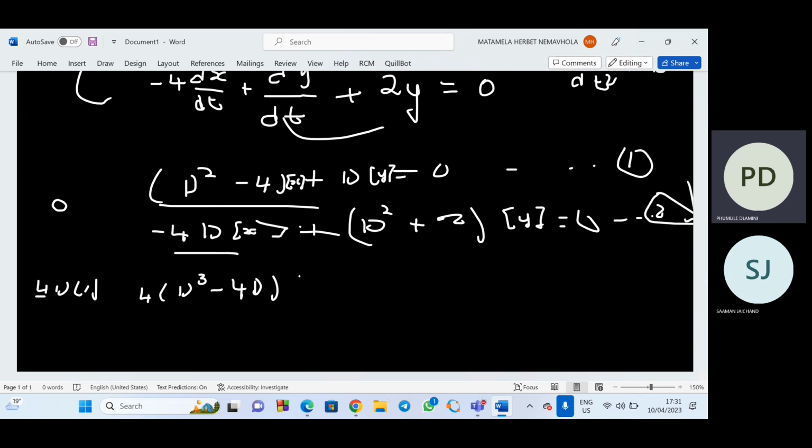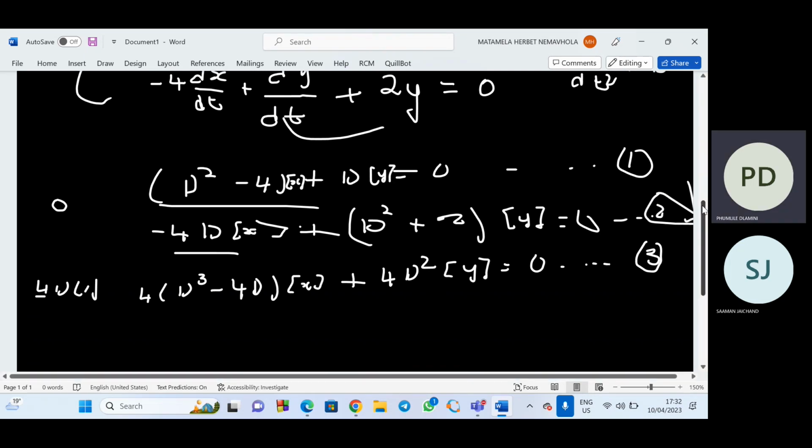This is the side of x, and then plus the same minus 4d is going to multiply all this equation here. So when we multiply this one, this is d of y, in the form of d of y multiplied by 4d is going to give us 4d squared. And this 4d squared is for y, which equals 0, because when we multiply 4d by 0, we still get 0. So this equation, we can name equation 3.